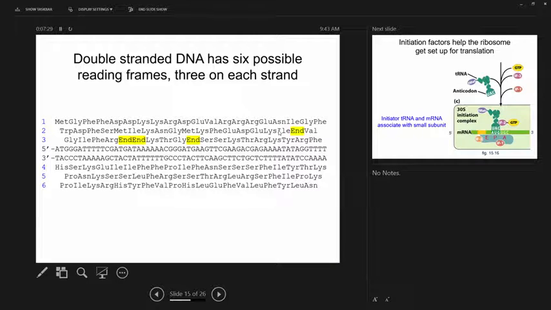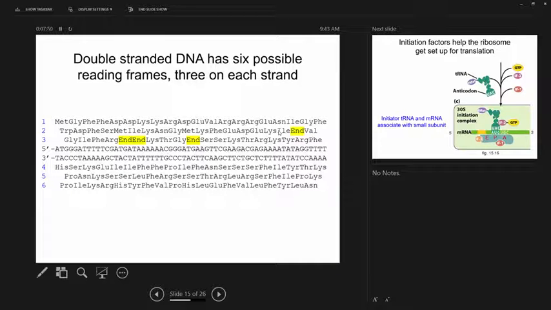Amazingly, if you do reading frames 4, 5, and 6, so this one, like lysine is AAA, reading right to left on the bottom there, because it would be 5' to 3'. If the bottom strand is the coding strand, here are the 3 other reading frames that you would get.